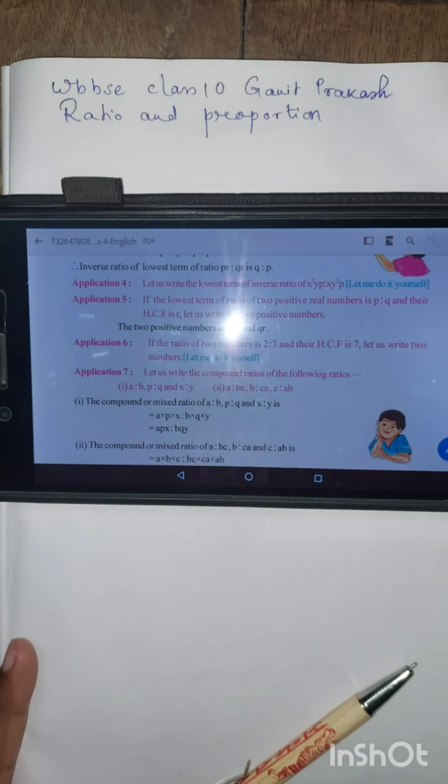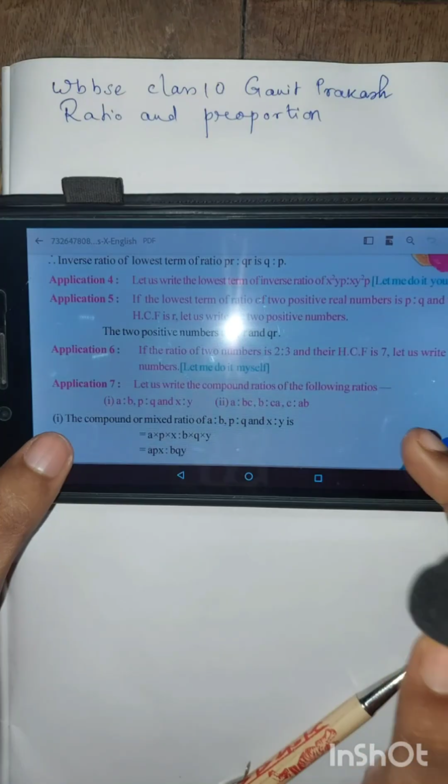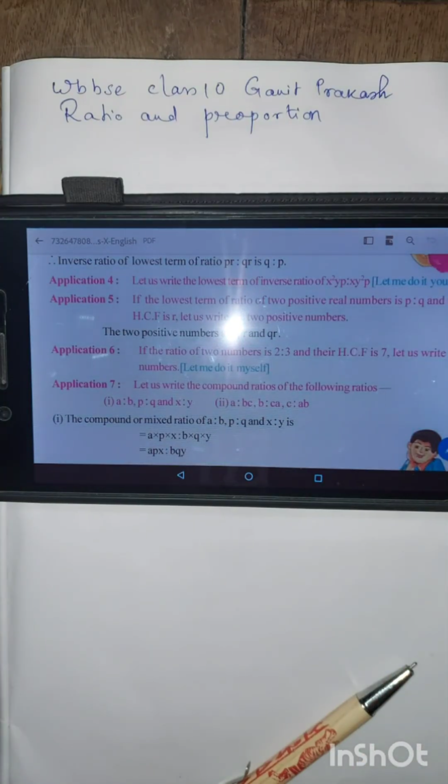Let us look at application 4, which says let us write the lowest term of the inverse ratio.